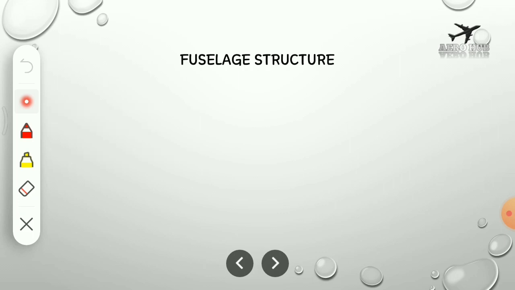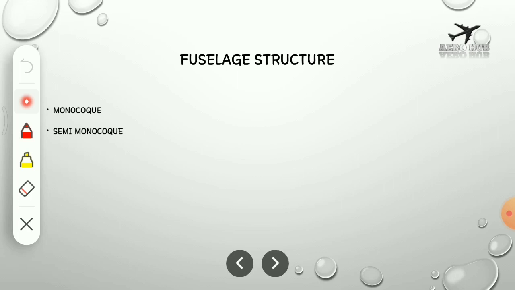Now let's see the fuselage structure. We have monocoque structure and semi-monocoque structure. You should be aware that a monocoque structure is a structure in which the skin will be carrying the entire load. In the case of a semi-monocoque structure, we have extra structural elements that can carry the loads. In a monocoque structure, the skin is called skin effective in bending.